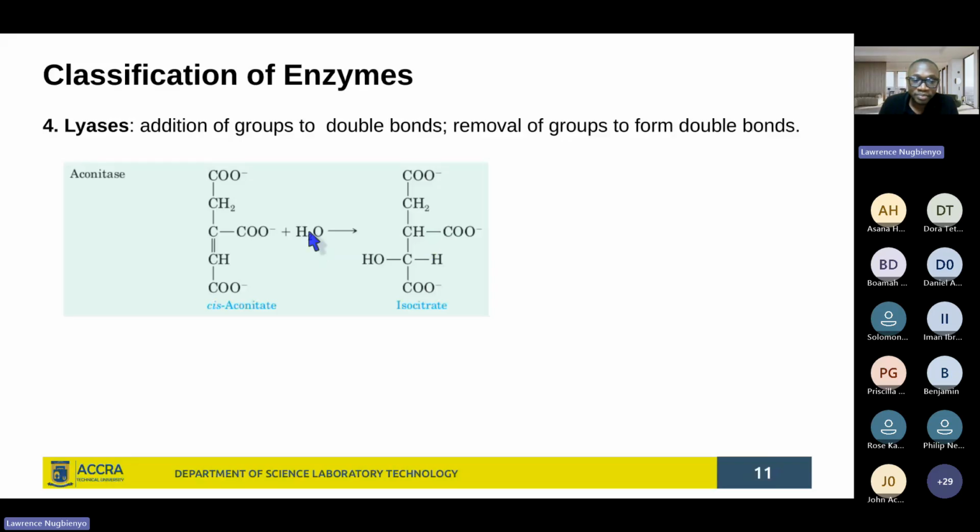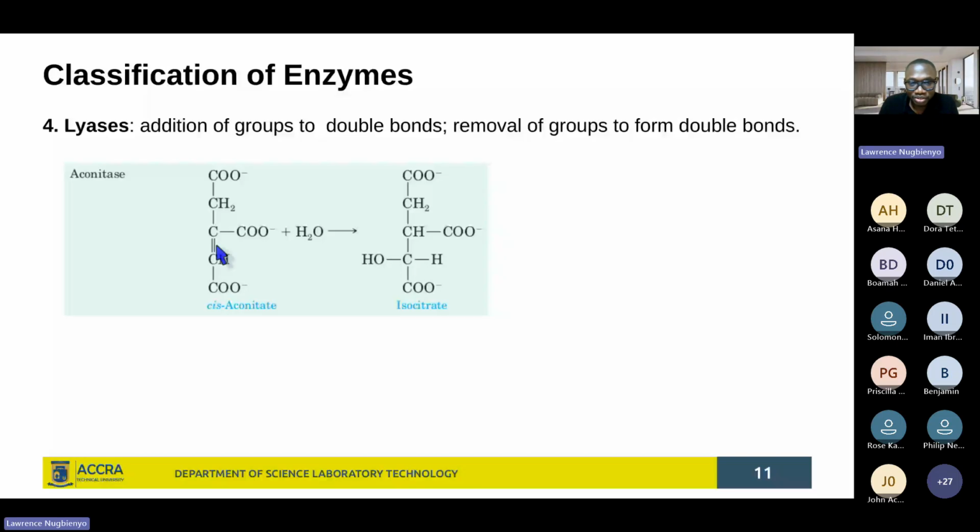You see that the water molecule actually combines with this molecule. So you now see there are two reactants, but what you have here is one product. And you see there's a double bond in cis-aconitate.